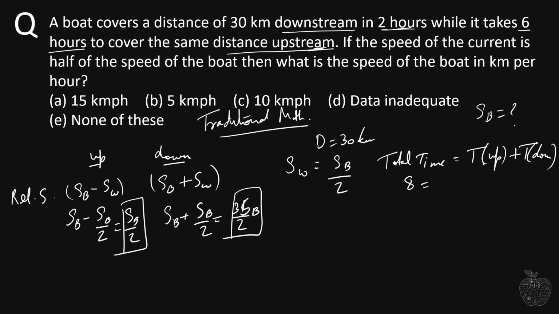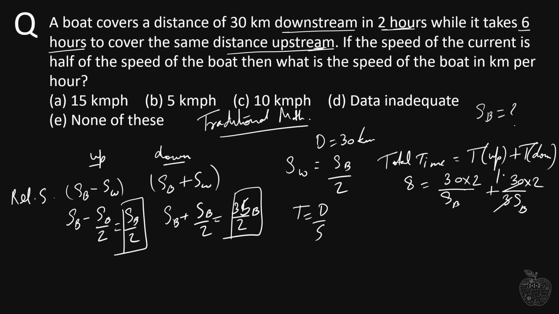8 hours. And we know that time is equal to distance upon speed, right? So let's apply it here. Distance here is 30, and speed when going upstream is the relative speed we just calculated, SB divided by 2, so 2 will go in the numerator and get multiplied, plus distance upon speed, so distance is again 30 kilometers divided by the relative speed 3 SB by 2, so 3 SB, and 2 goes in the numerator and gets multiplied.